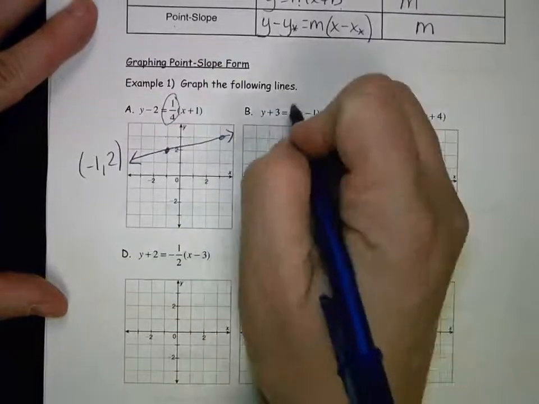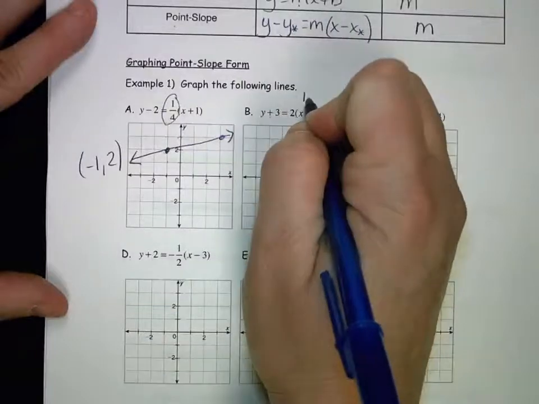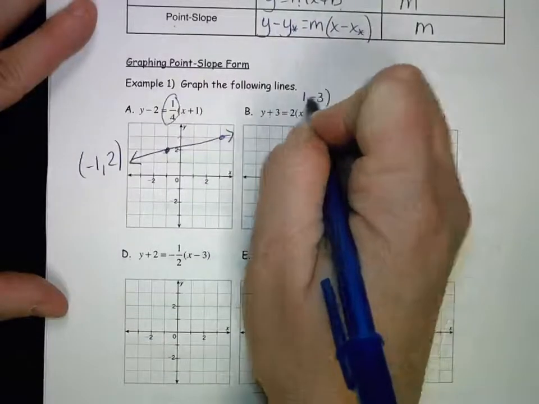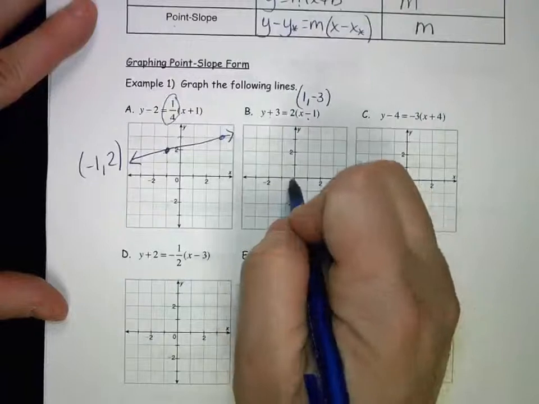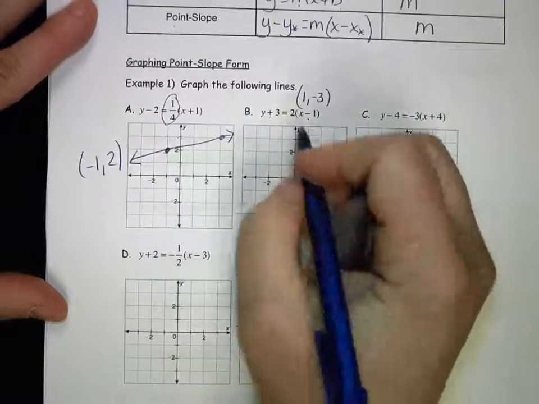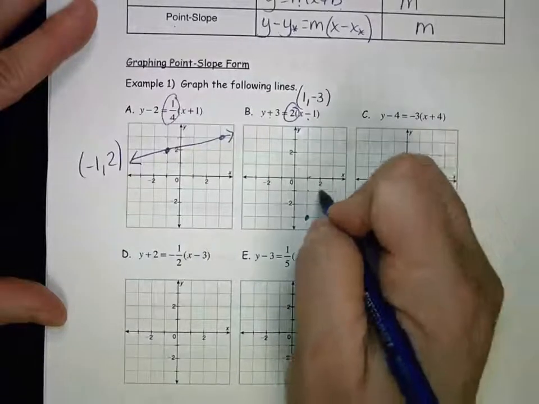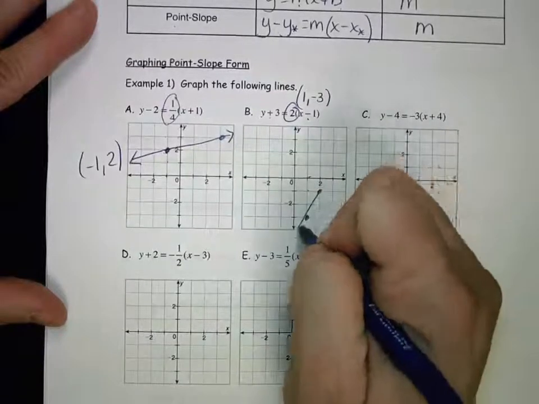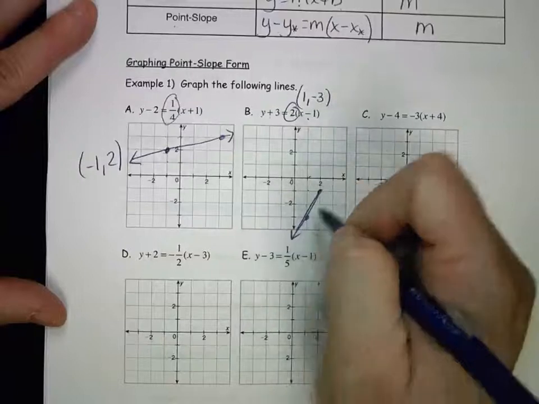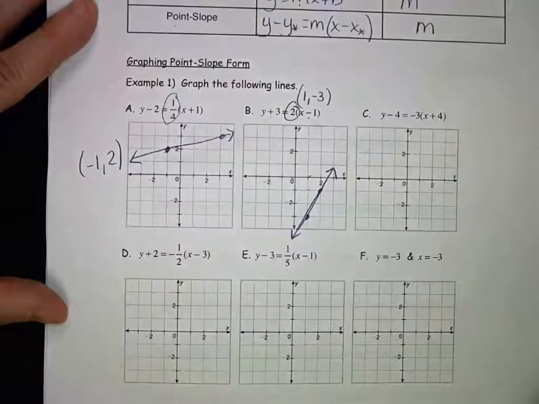Letter B, to get our point, we will do opposite, opposite. So 1, negative 3. Our slope in this case is 2, so up 2, 1 to the right. And that's what you end up with.